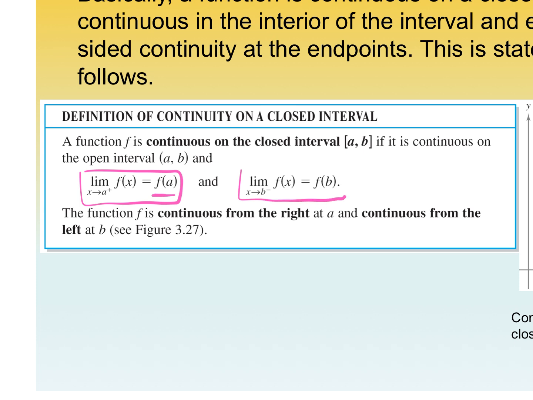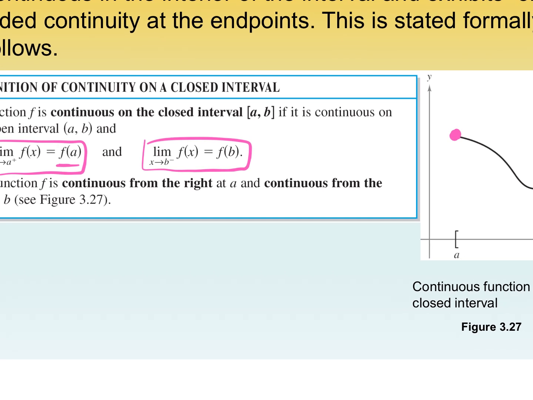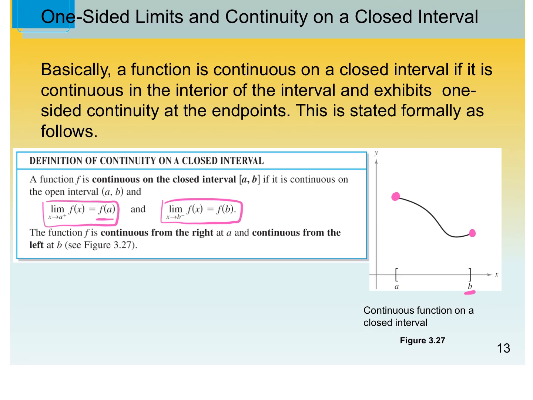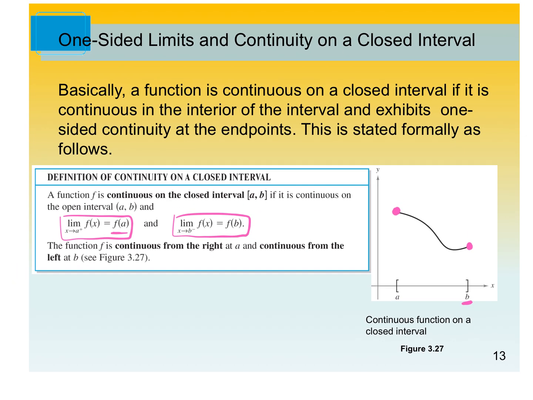Same thing as the limit as x approaches b, the right side of our interval, but from the negative direction, has to be the same as f of b. So they have to be closed circles. It's really all this is saying. If we're talking about a closed interval, then those values have to exist.